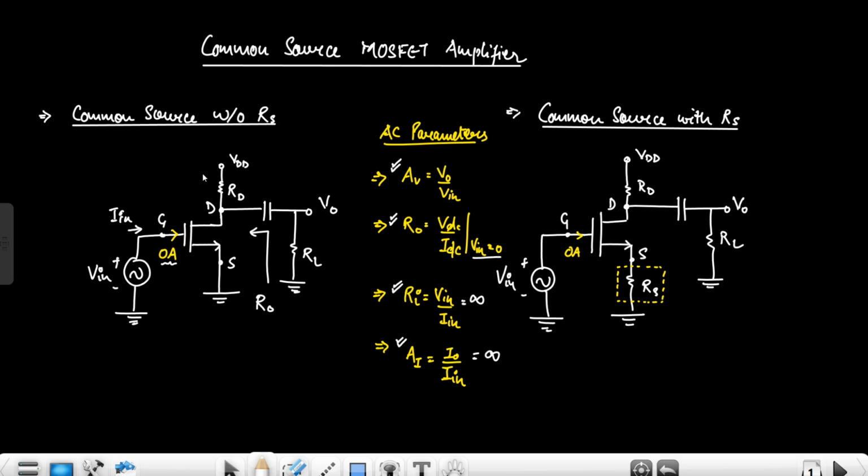So let's start with the common source without RS. We have to draw the small signal AC model of the common source MOSFET amplifier.